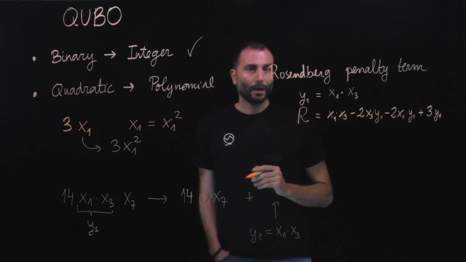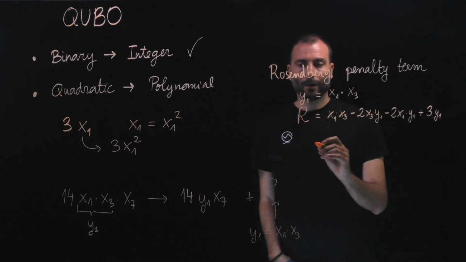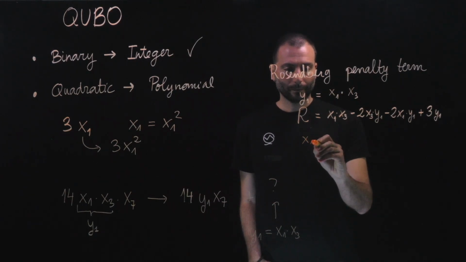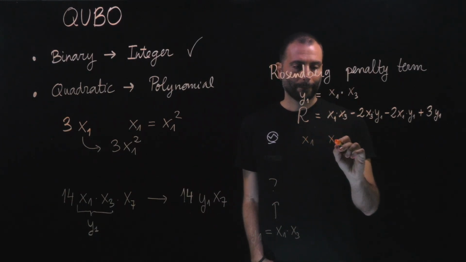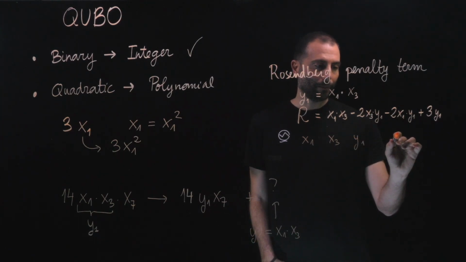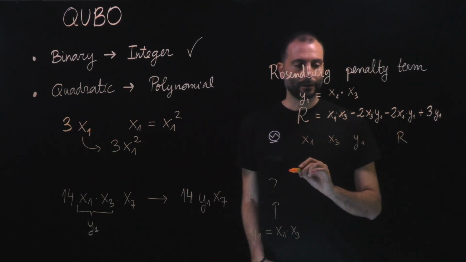And to see this, let's do a table where I write the following values. So I have x1, I have x3, I have y1, and the penalty term, right?